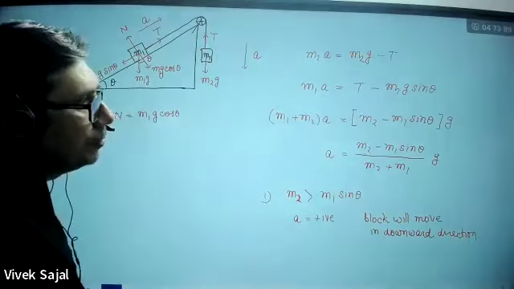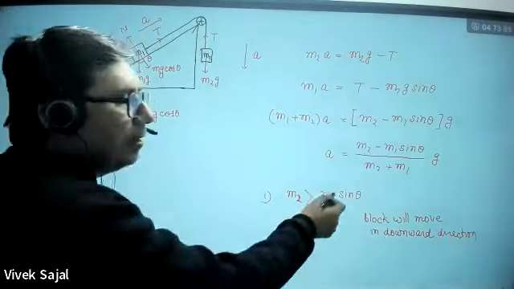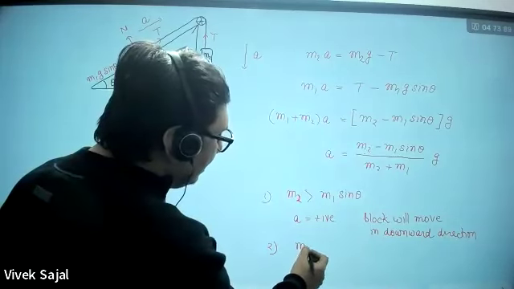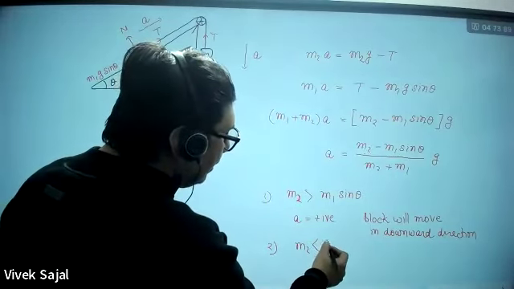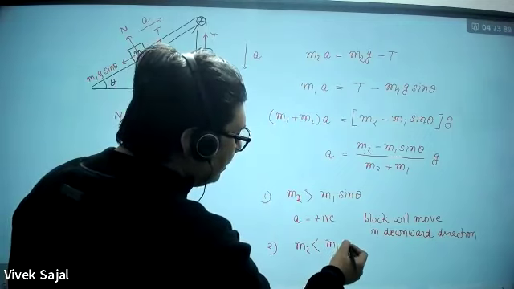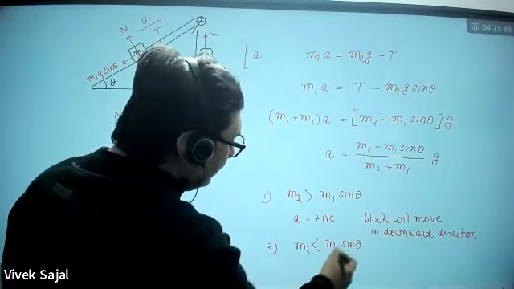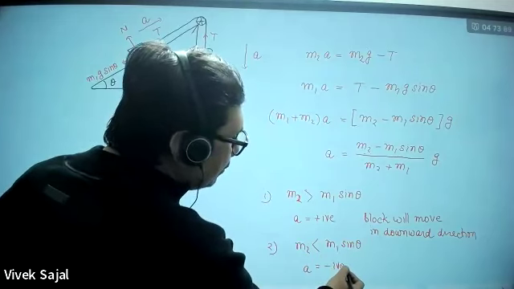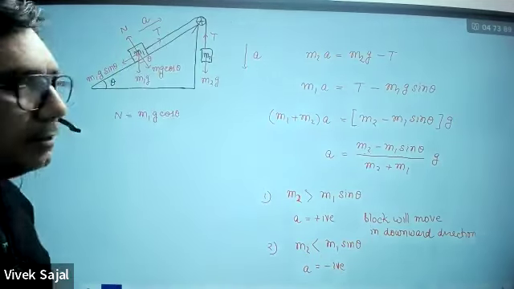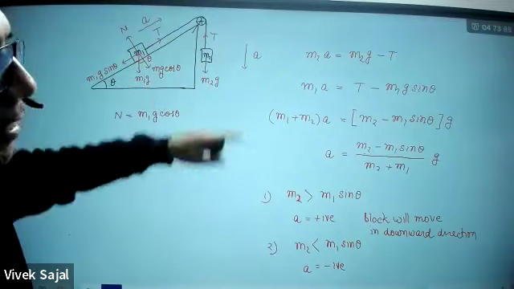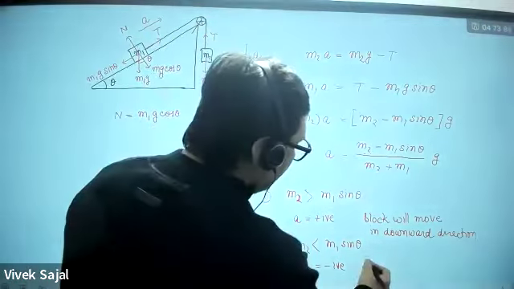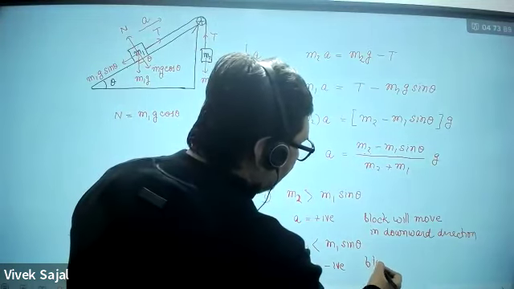Okay? Suppose M2 is less as compared to M1 sin theta, then this acceleration will be negative. Then our choice was opposite. So it means acceleration will be in the upward direction, the block will move in the upward direction. So our choice was opposite.